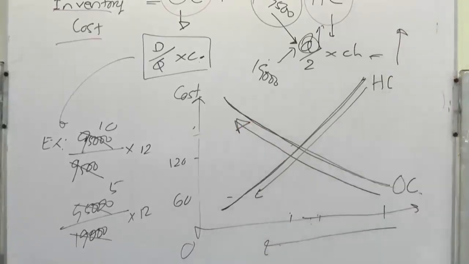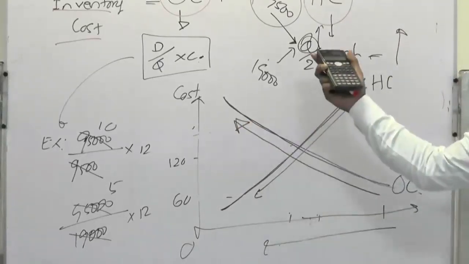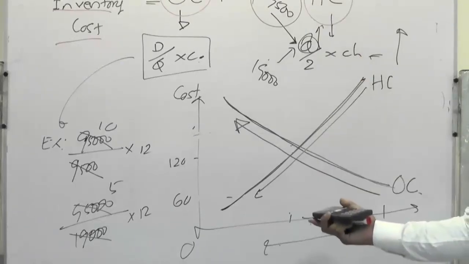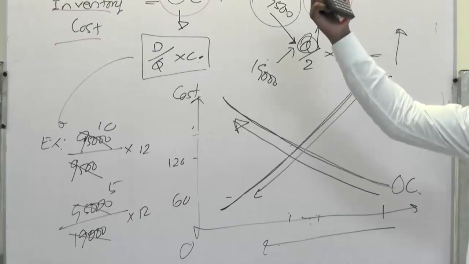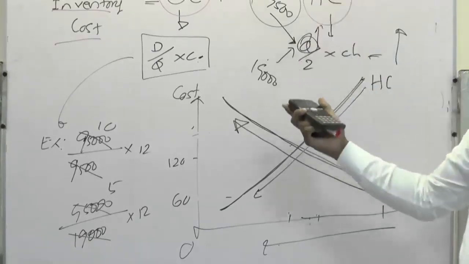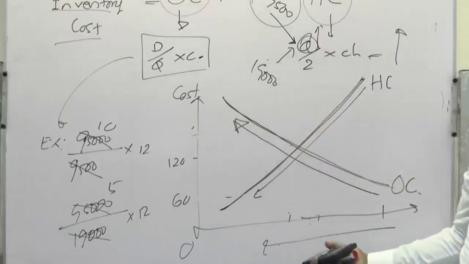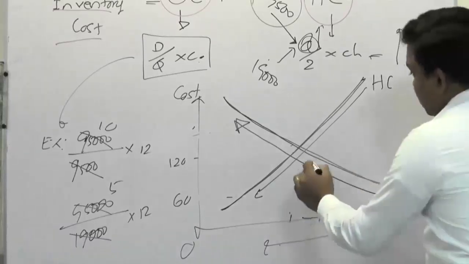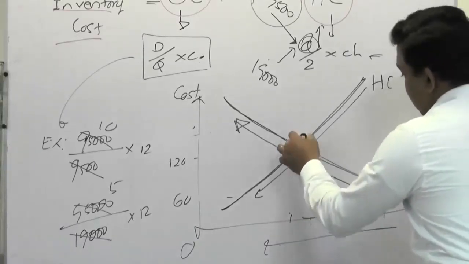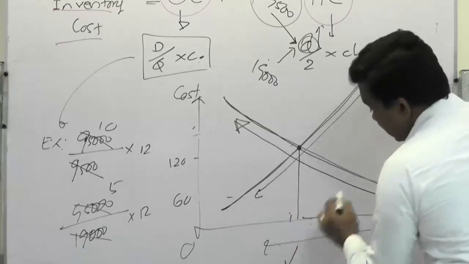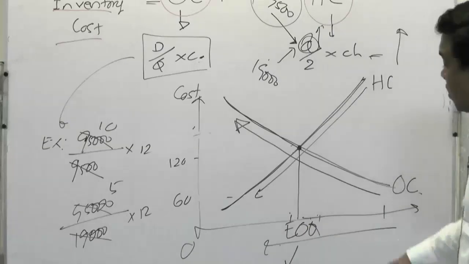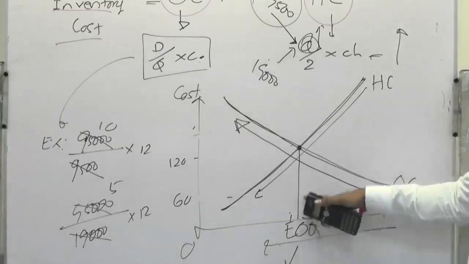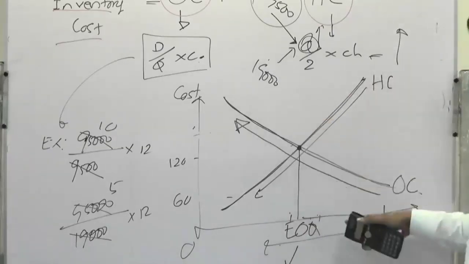Therefore, these two costs are on both sides of a balance. When you try to reduce one, the other will increase. Right. Therefore, the best option is to have this point. This is the best option. This is called EOQ. The amount that should be ordered at once to minimize both costs.